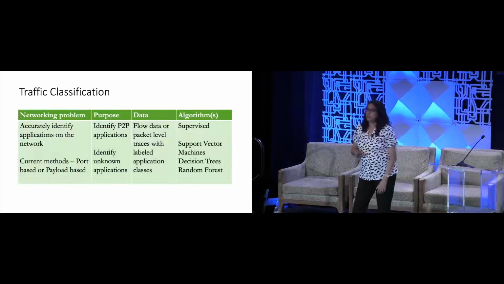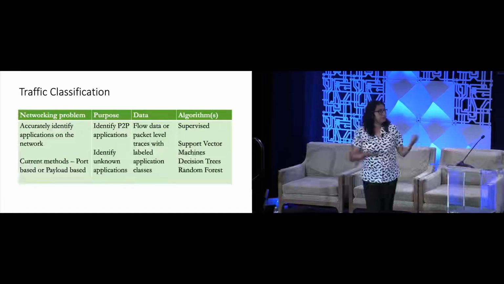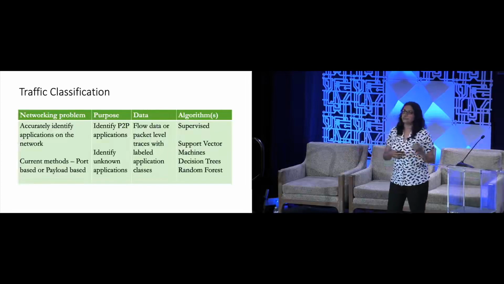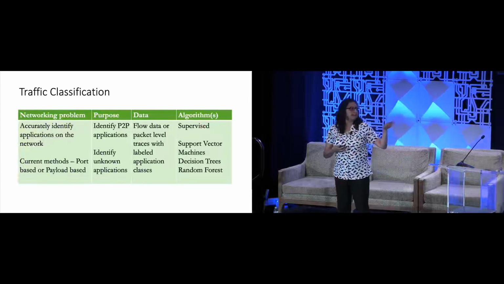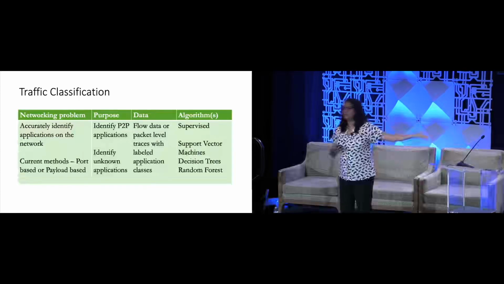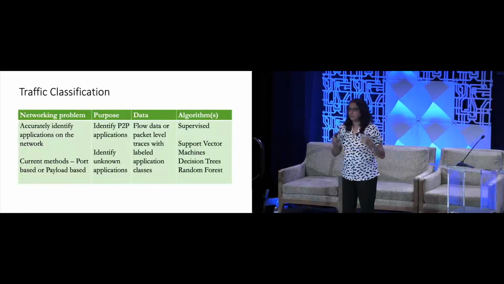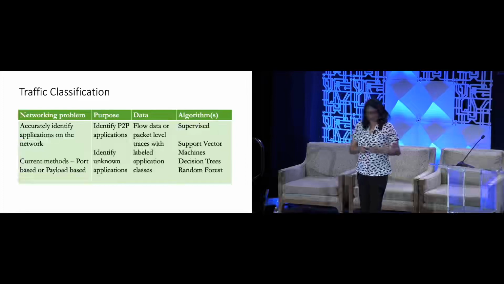That's an advantage over current methods. We tested it on support vector machines, decision trees, and random forests, and each algorithm behaves differently. And I'm not going to go into detail, but I do have some background slides on what these algorithms are. So if you have nothing better to do, you can go back and look at them.